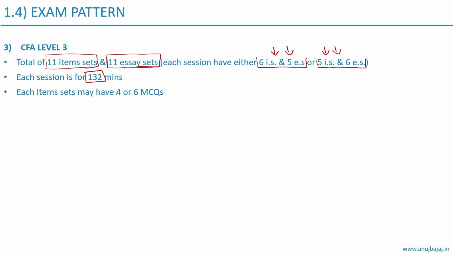Each item set may either have 4 or 6 multiple choice questions which need to be answered based on the vignette. So the item sets are similar to what we have seen in Level 2.